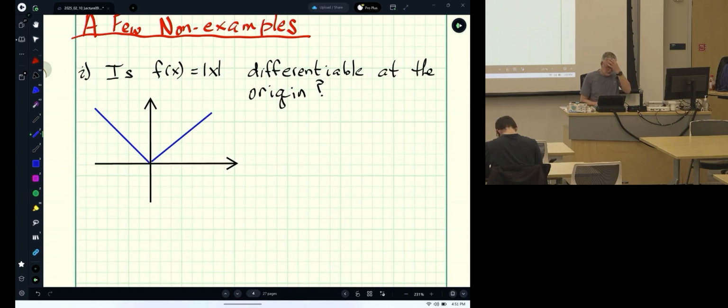Okay, so there's our function. Well, that slope is +1, and this slope is -1, so it's not looking very good, right? Because the derivatives, the limits, the slopes need to be equal at the point. So, yeah, not looking good.